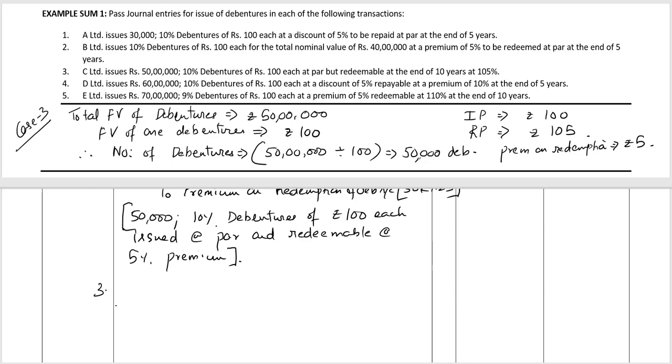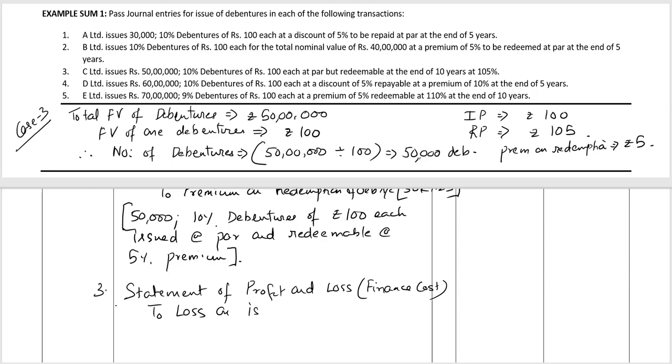Next entry, we will write off the loss on issue of debentures account. There is no securities premium reserve available, so we'll write it off from statement of profit and loss, finance cost. To loss on issue of debentures account.